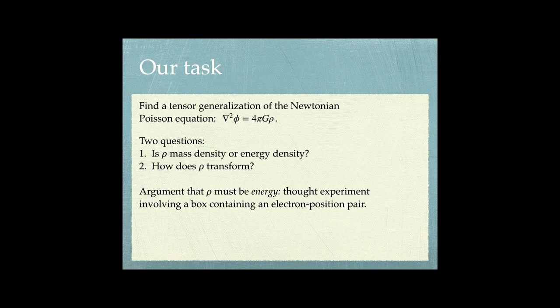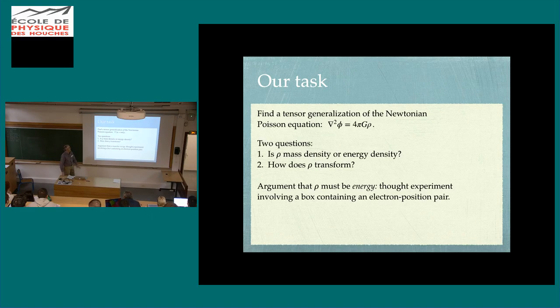So our basic task is to try and find a generalization, a tensor generalization of the Newtonian Poisson equation, which looks like that, where this is the gravitational potential, this is mass density, and we're going to try and generalize that in a tensor way.